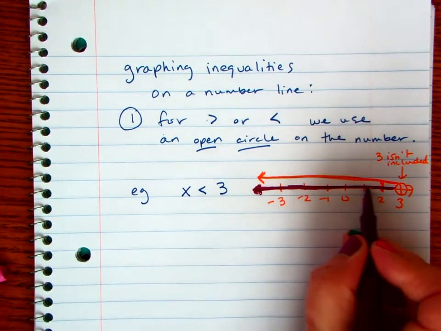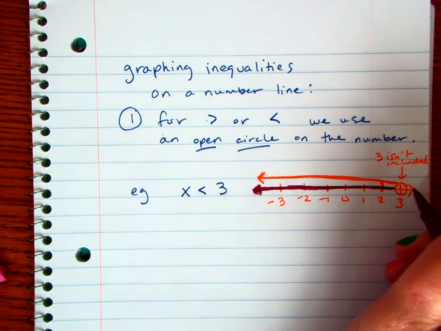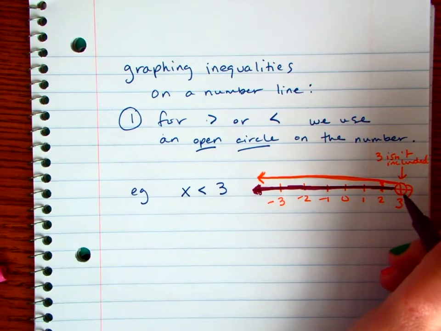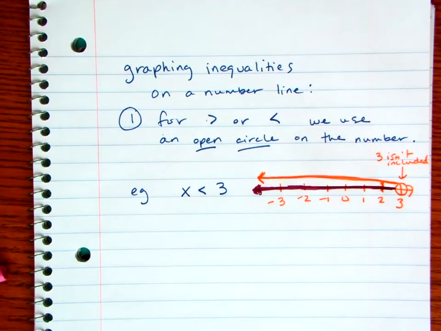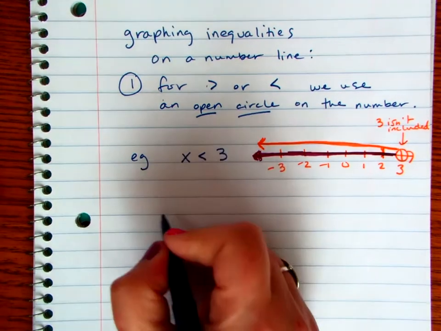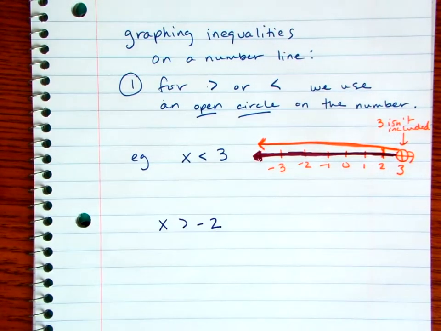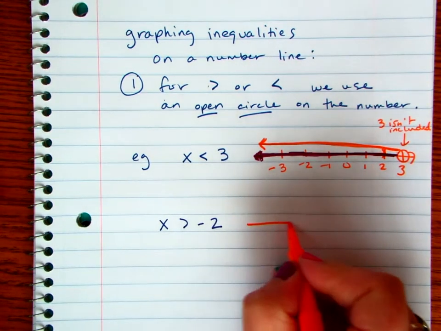But the important thing is that that open circle is on the 3, which shows that 3 is not included. Okay? Now, if we do an x is greater than, let's say x is greater than negative 2. Okay? So we'll again do a graph here.